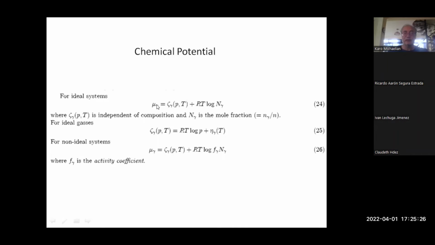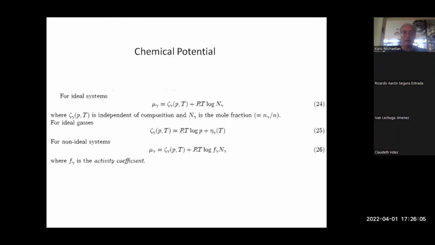But what they actually look like is that for ideal systems, that means systems which are interacting as point-like particles and that don't have an extension in space, then we can write the chemical potential of a substance gamma as some function zeta of pressure and temperature plus R times T, where R is the universal gas constant and T is the temperature, times the log of the molar fraction.